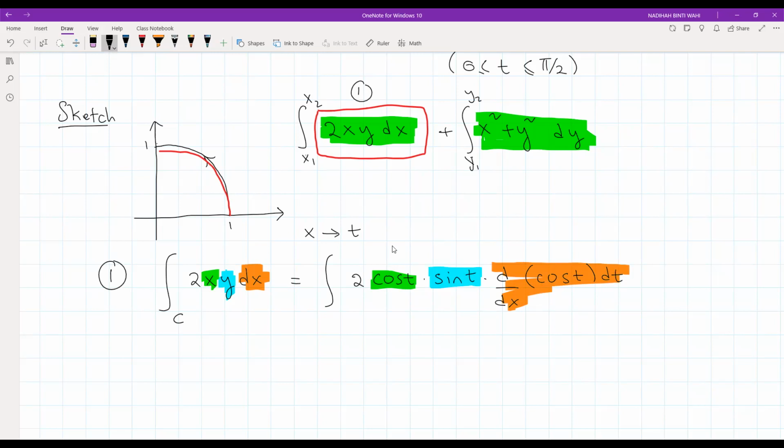The limit for t is what is given right here, from 0 to pi over 2. So saya buat apa sekarang ni? Saya cuma substitute sahaja. Just substitute the parametric equation.